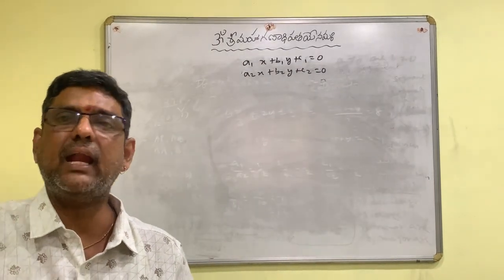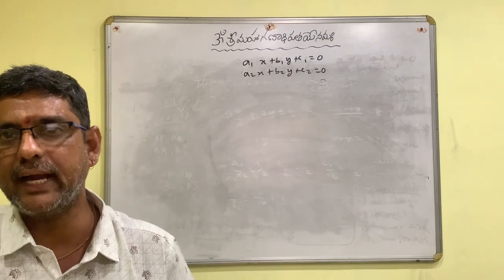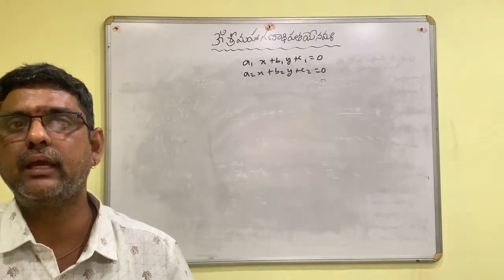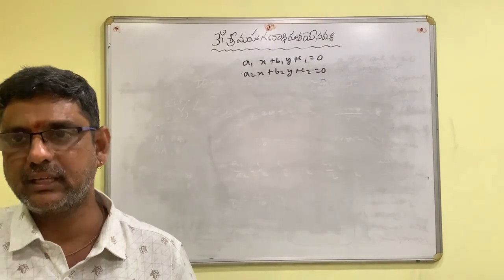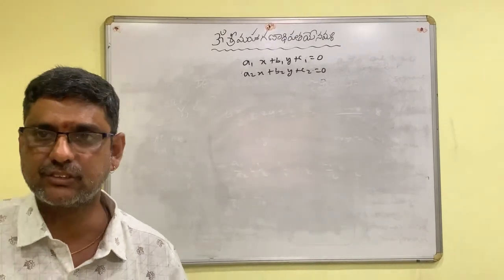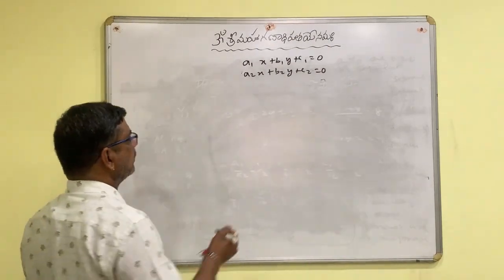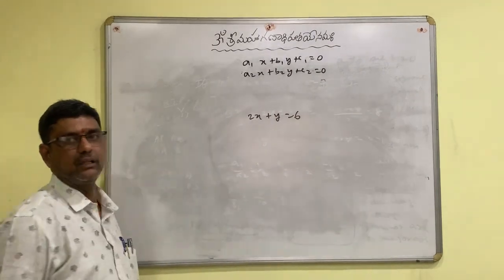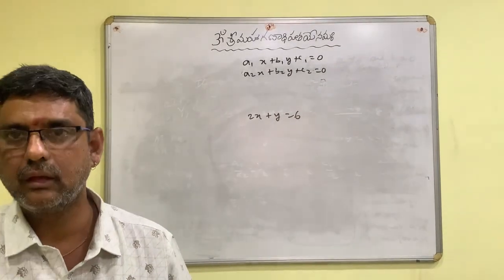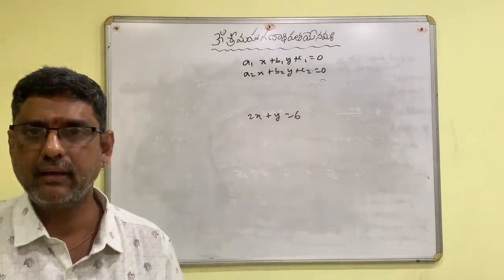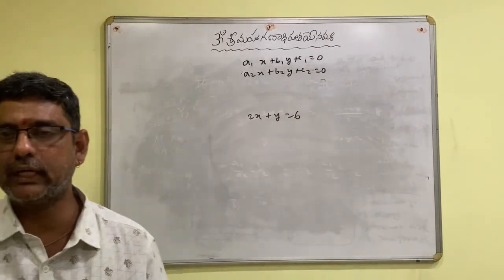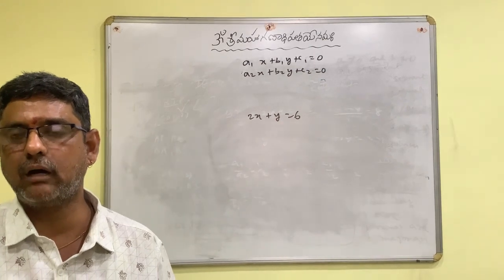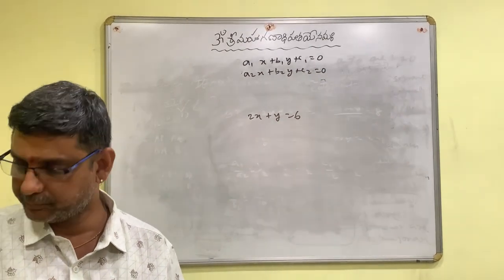Chalo, 2x plus y is equal to 6. This is my equation. You need to tell me another equation so that both together form an inconsistent pair.